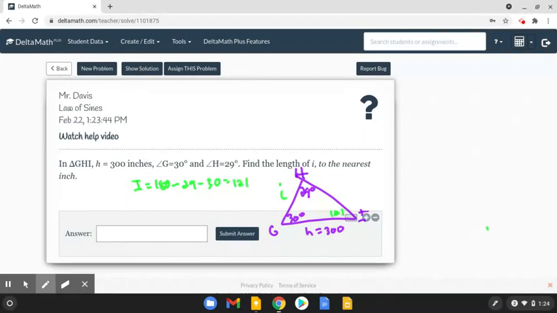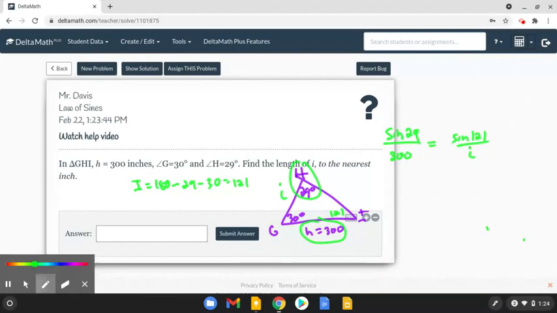So we're going to choose the 2 that we know, which are the h's. We're going to do the sine of big H, which is 29, over little h of 300, equals the sine of big I, which is 121, over little i. We then do our cross multiplication. Sine of 29 little i equals 300 sine of 121.